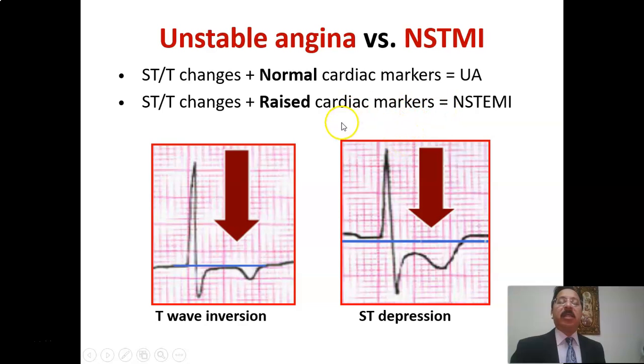So the presence of raised cardiac markers in association with T wave changes and ST segment changes, that is ST segment depression or T wave inversion, not the elevation, is called NSTEMI. If the cardiac markers are normal, this is unstable angina.